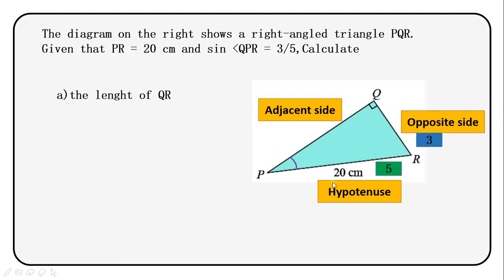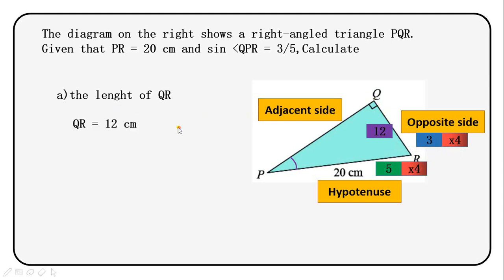Okay, but the actual length of PR is 20. So we multiply 5 by 4, then we get 20. Once you multiply here by 4, here also you must multiply by 4. So the actual length of QR is 12.